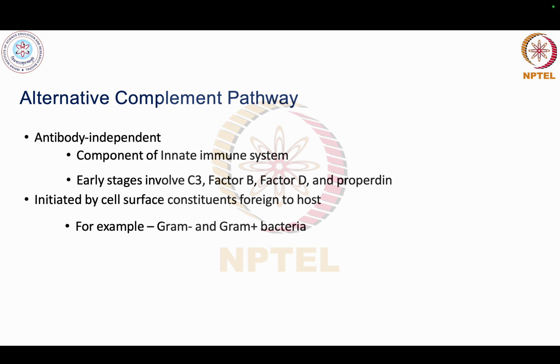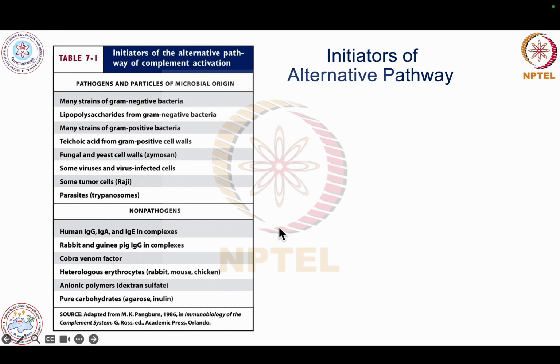So there is the alternative complement pathway, which is antibody independent. A component of the innate immune system, early stages involve C3, factor B, factor D, properdin, initiated by cell surface constituents foreign to the host, for example gram negative and gram positive bacteria. So these are initiators of the alternative pathway of complement system.